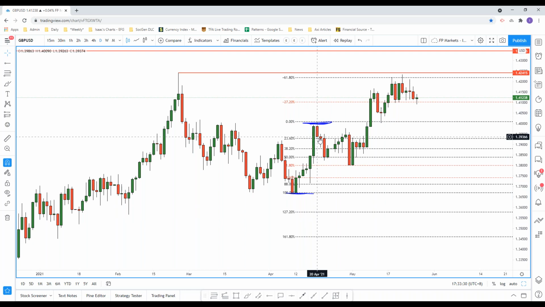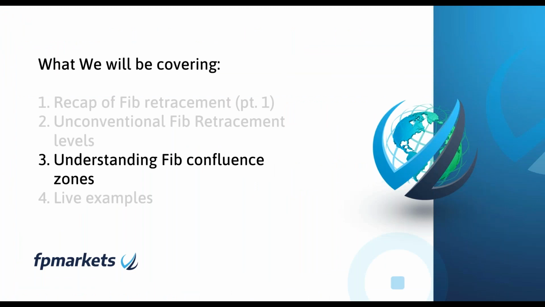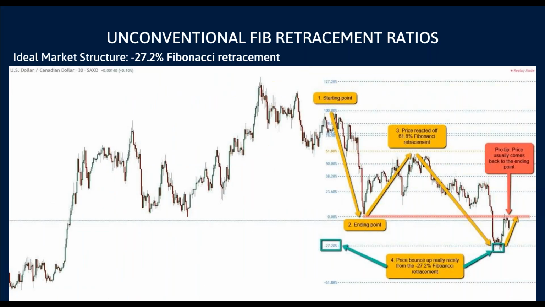It pulled back, broke below 23.6, came back down, tested the 50%. Remember what we just covered, the classic example. Price has to break the 23.6%, and it generally goes to 50%. When it goes to 50% or 61.8%, we can have greater confidence that price should push down to the negative 27.20 and possibly even the negative 61.8.